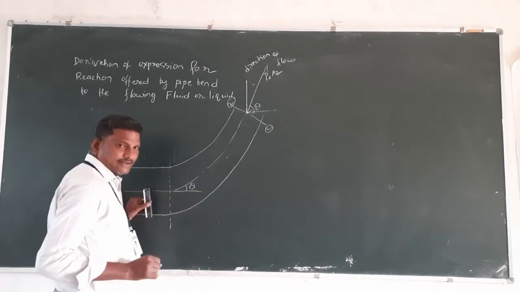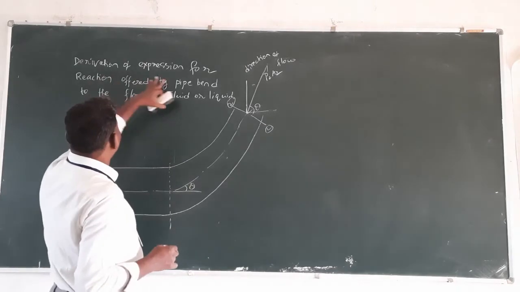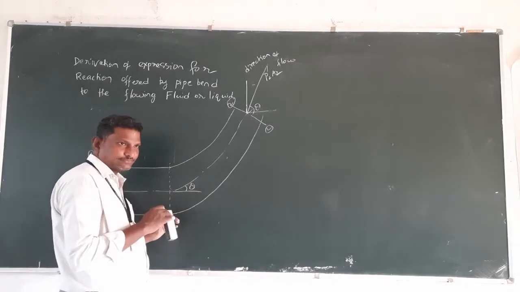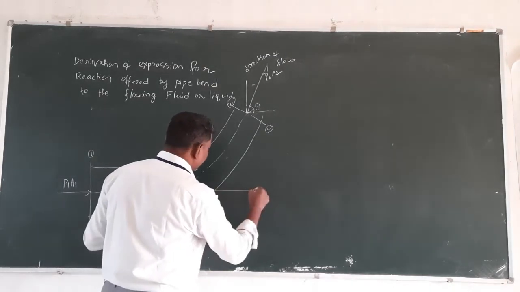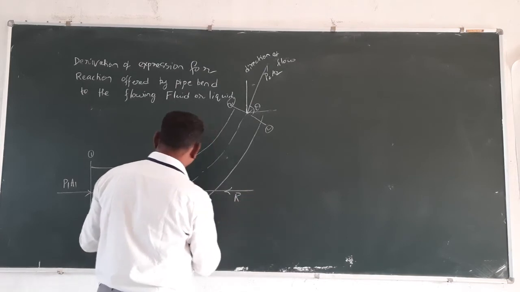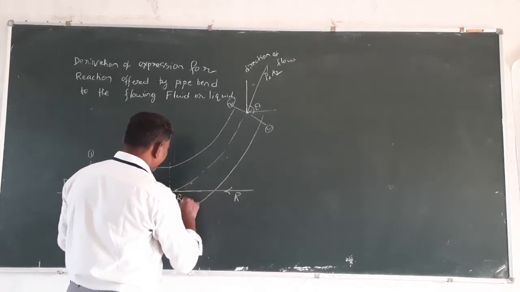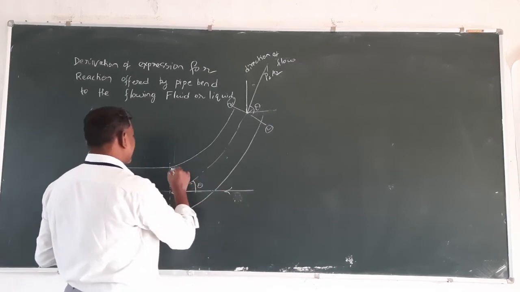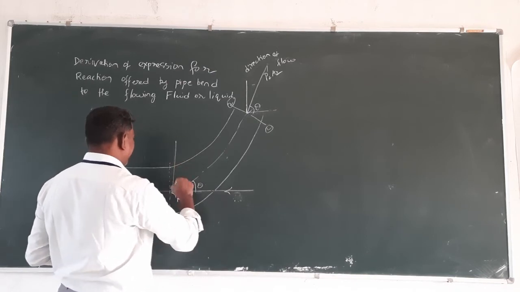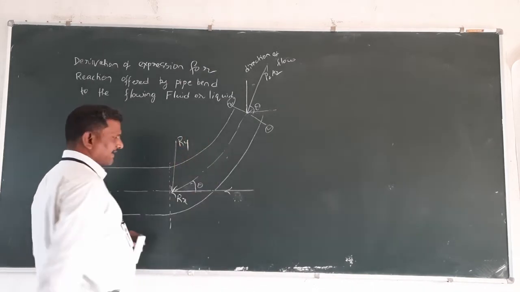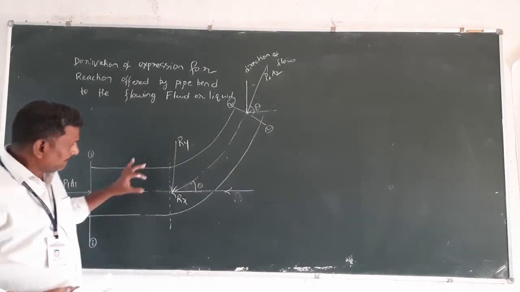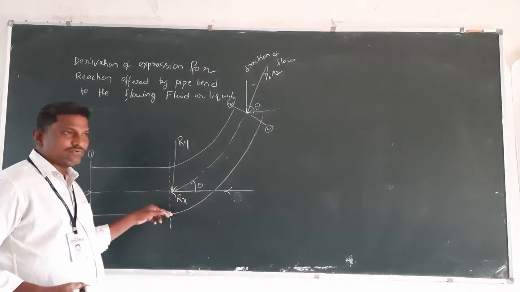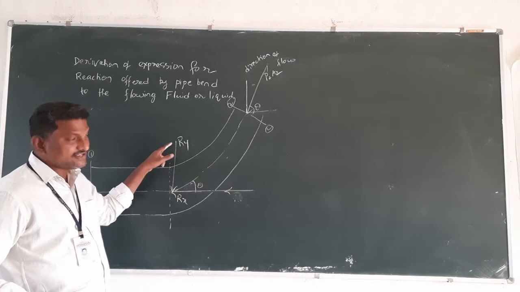So here is a pipe bend. So what is our aim? To derive the expression for reaction offered by the pipe bend. So this is the reaction in the Rx direction, and this is the Ry direction. Being in inclination, the reaction will have a horizontal component as well as a vertical component.